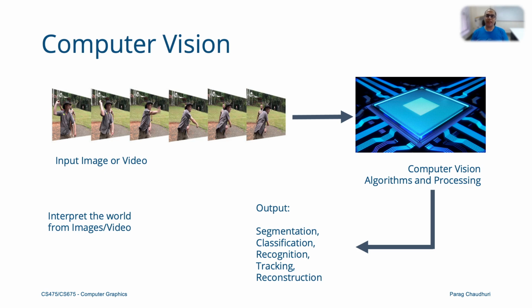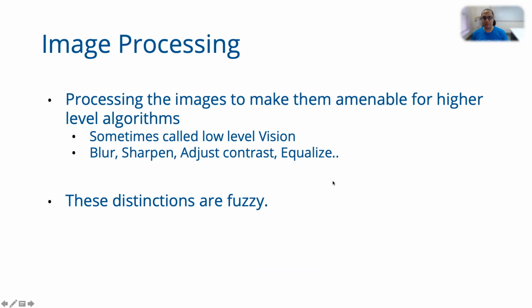Now, where in all this is image processing? When algorithms have to process images, those images are sometimes blurry, sometimes the colors are not quite all right, and so on. So algorithms have a hard task working with images. You want to process these images so that they become amenable for higher level algorithms.